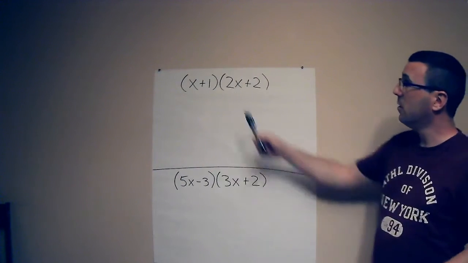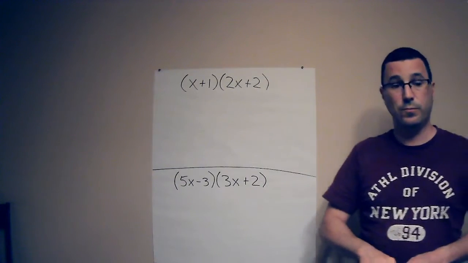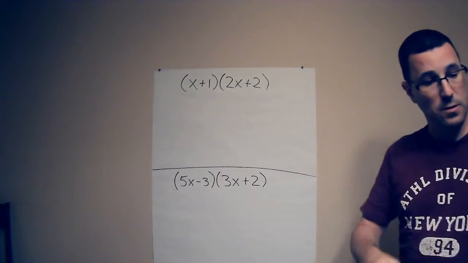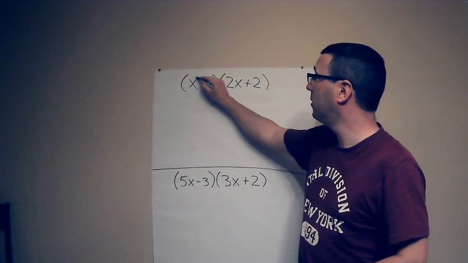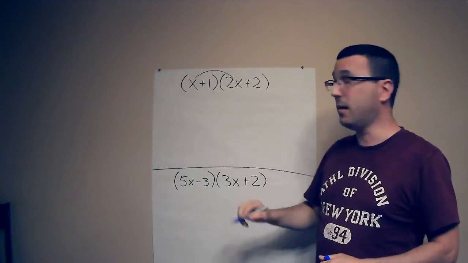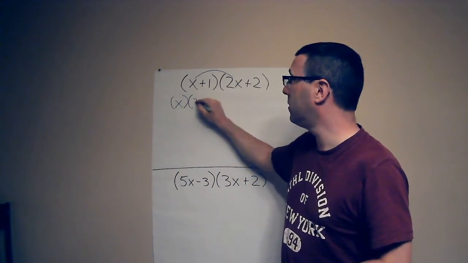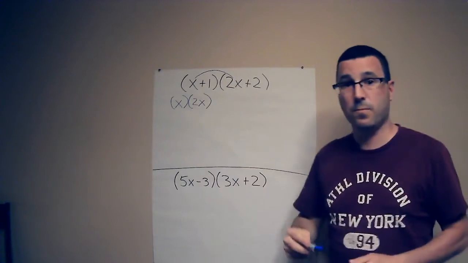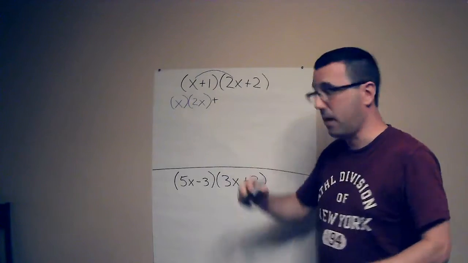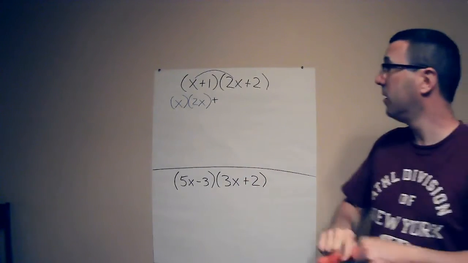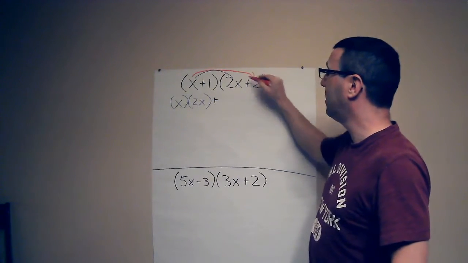Okay. So here, x plus 1 and 2x plus 2. So we're going to do these like this. So my first terms are x times 2x. And I'm always going to separate these with a plus. It's going to get a little crowded here. Plus, then we got the outside, the x times the 2.